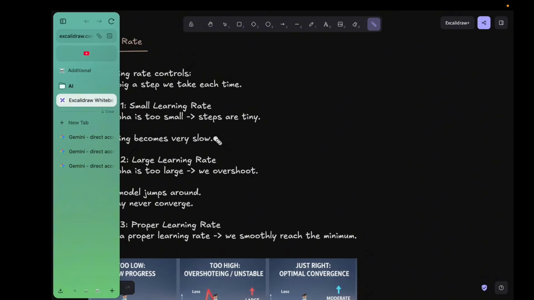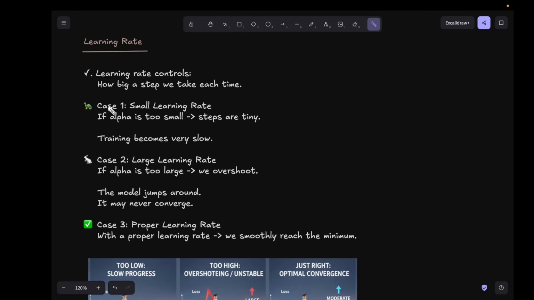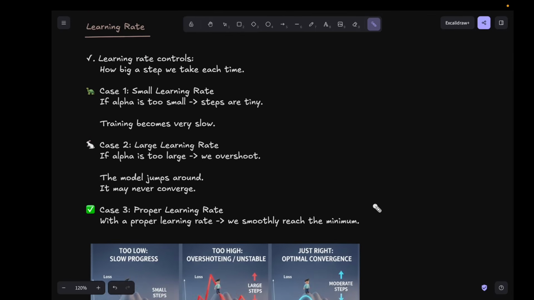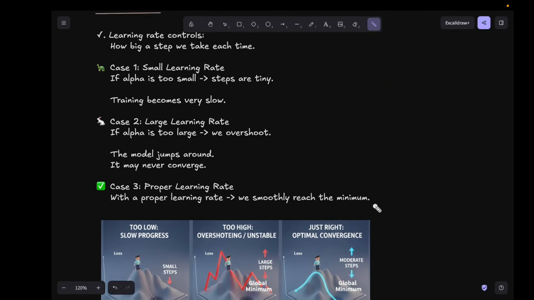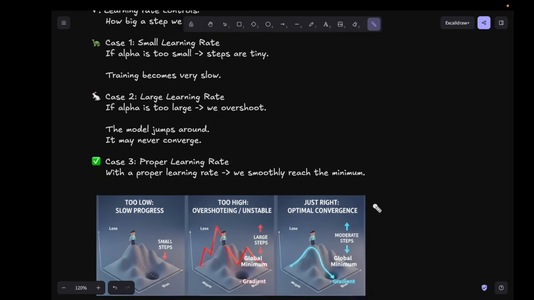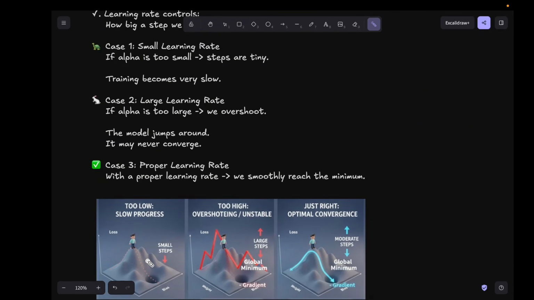So what does this mean? You see, there are three possible cases. Case one: if the learning rate is small, meaning alpha is too small, then the steps are teeny, and the training becomes very slow.